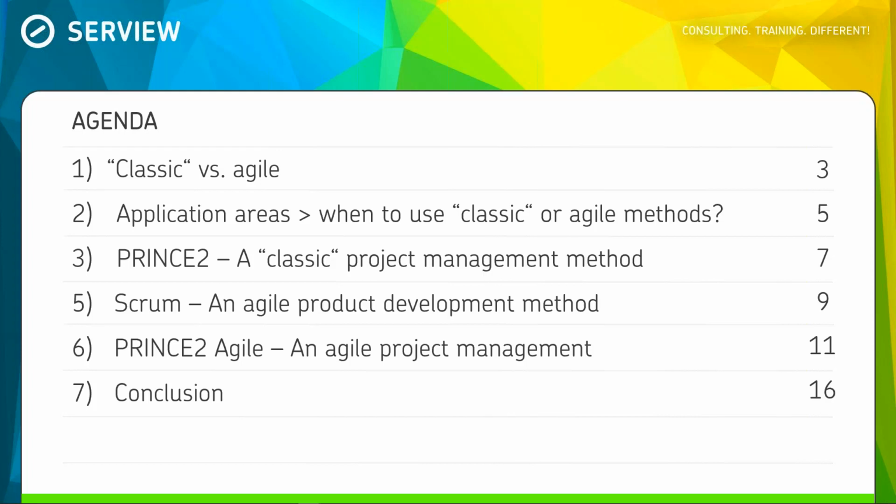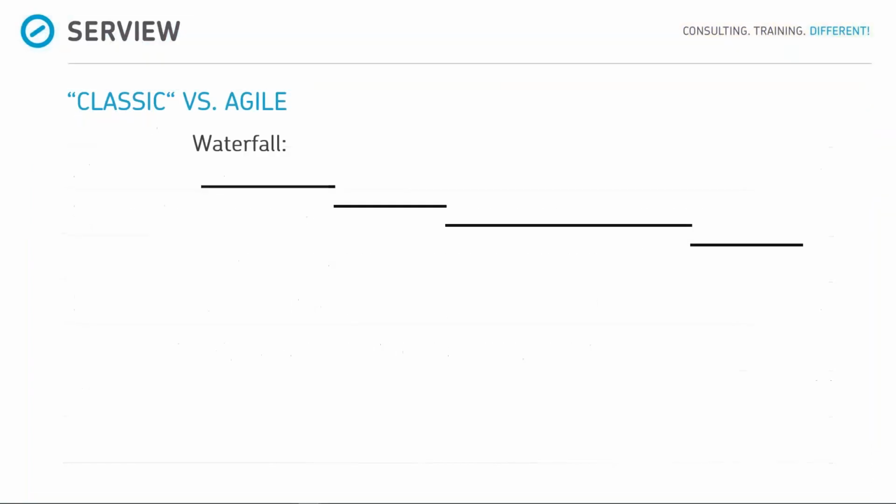So without much further ado, let's dive into the difference. What is classic? What is agile? We will be looking at waterfall as a representative method for classic, and we will be looking at Scrum as an agile representative method. If you look at the waterfall method, you will usually start with talking to the customer or the stakeholder that gives you the requirements.